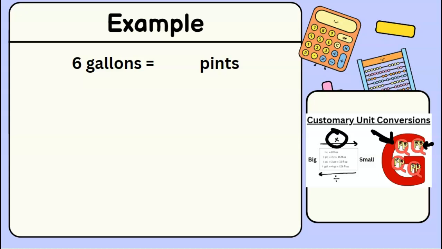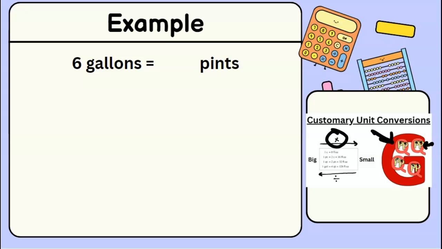So I look at my conversion chart and I say, how can I get from gallons to pints? What do I know? What is equal to what? So I know that 1 gallon is equal to 4 quarts, and I know that 1 quart is equal to 2 pints. So I can follow those measurements, do a few operations to finally end up at pints.